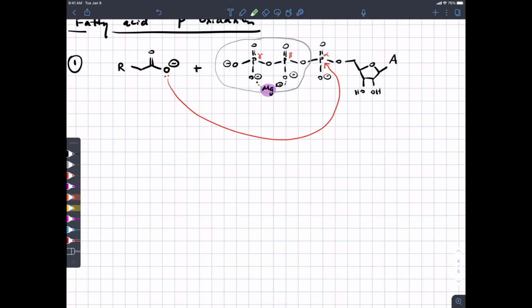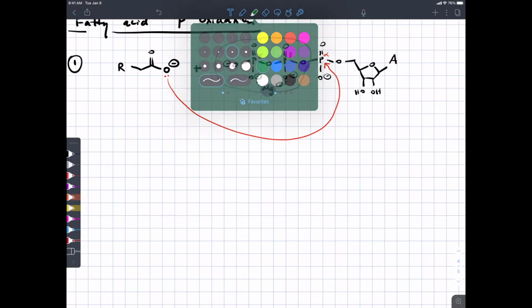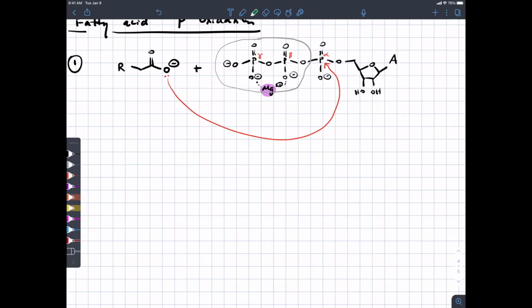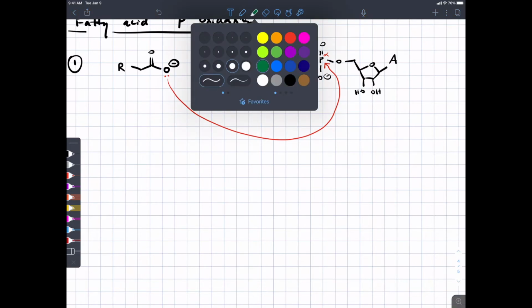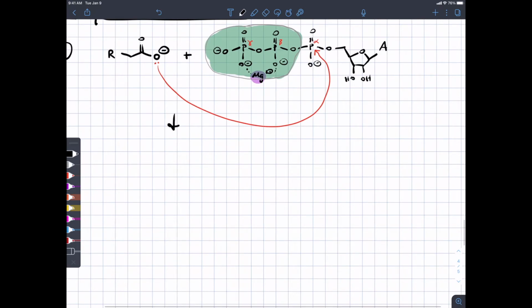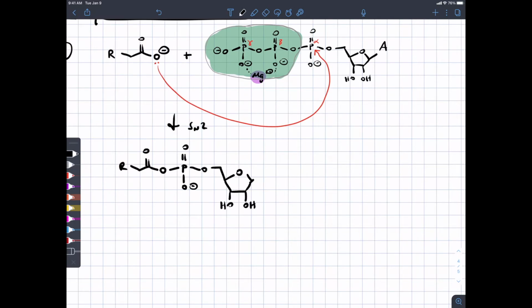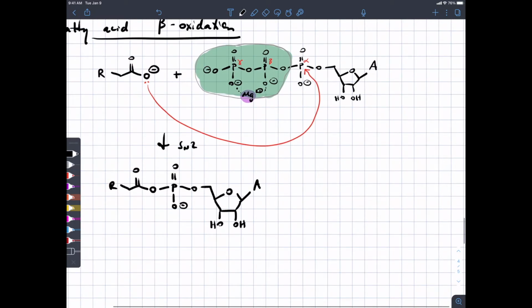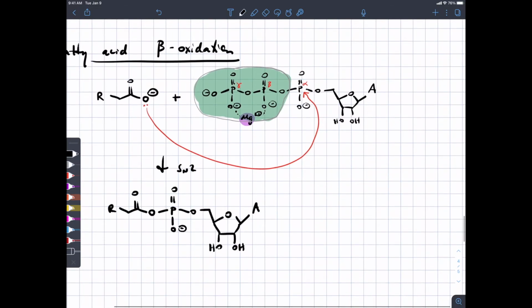And sometimes when you need a reaction to have a little bit of an extra kick of thermodynamic favorability, this is an interesting way to do it. This is sort of an SN2 style reaction, and you're going to create this molecule. You've converted a carboxylic acid into something that looks kind of like an anhydride.